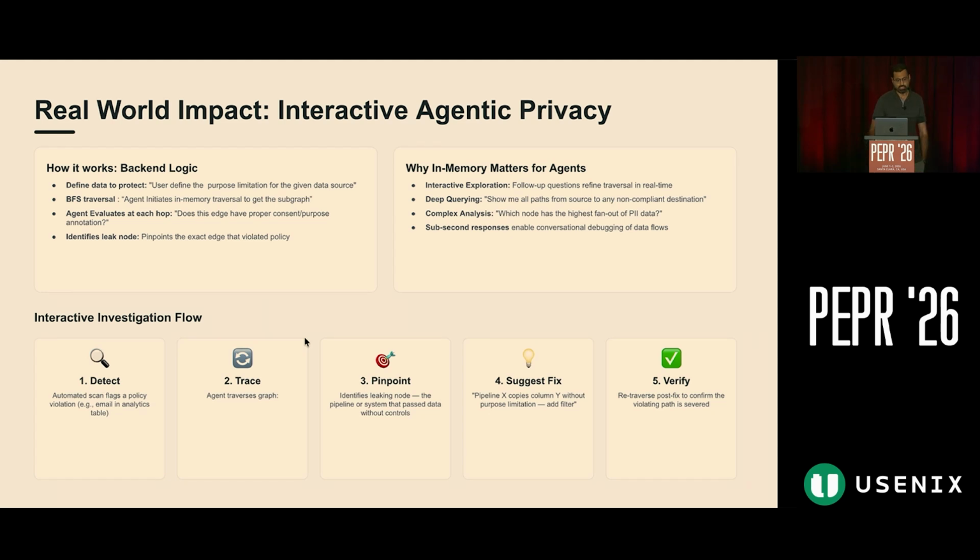And a concrete example of all the things we are talking about is how, in the morning, our colleagues talked about how the agentic loop can be used. This infrastructure helps those agents interactively explore the graph and understand where the issues are, and that can help to fix them. We saw this in much more detail in the morning.